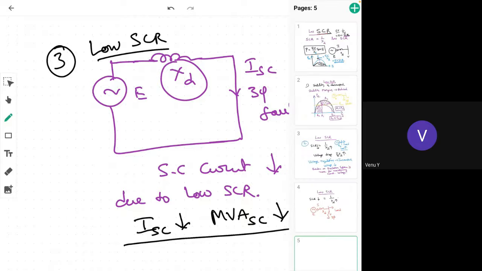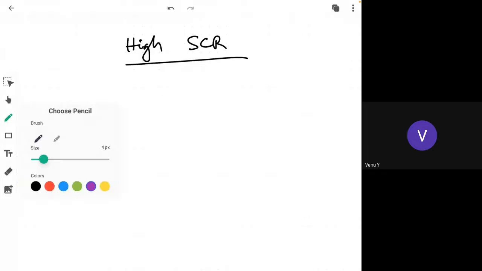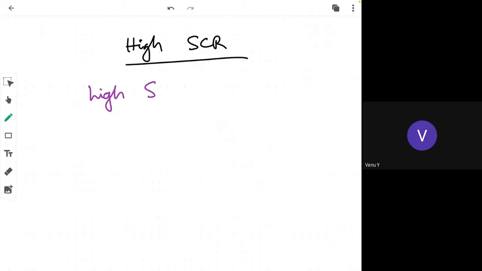Next, coming to the high value of SCR. High value of SCR equal to 1 by XT. Therefore, XT is decreased, XD will be low.